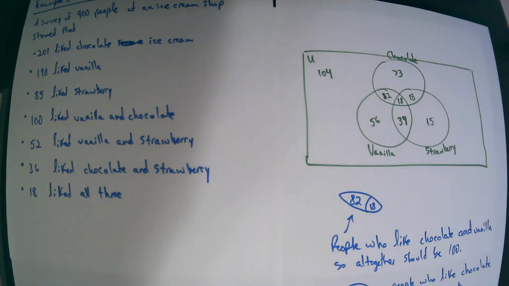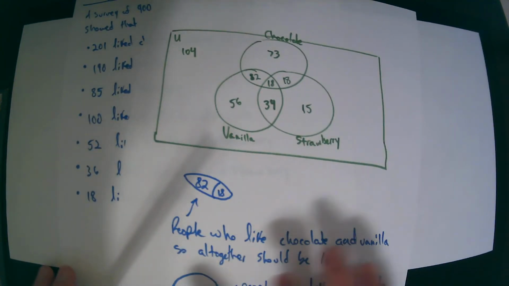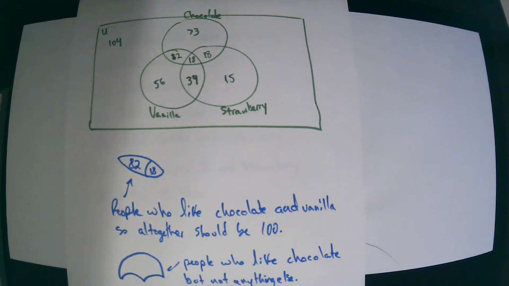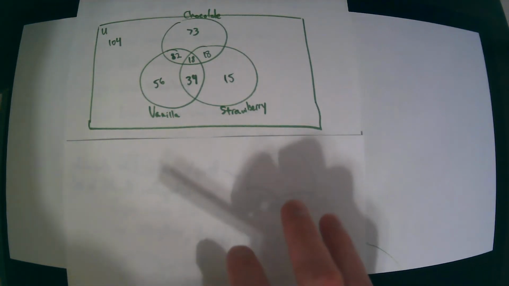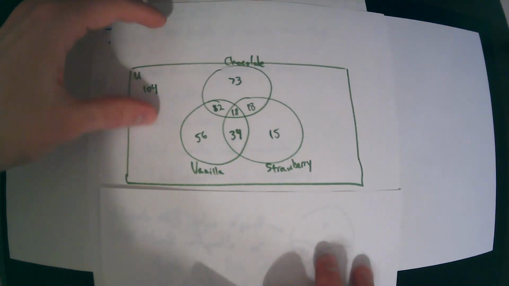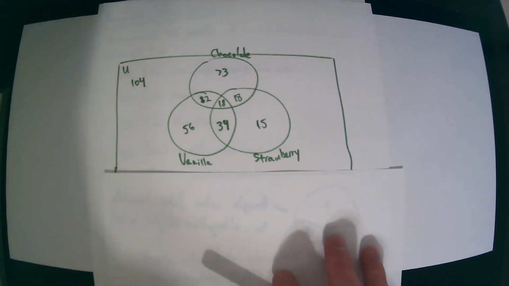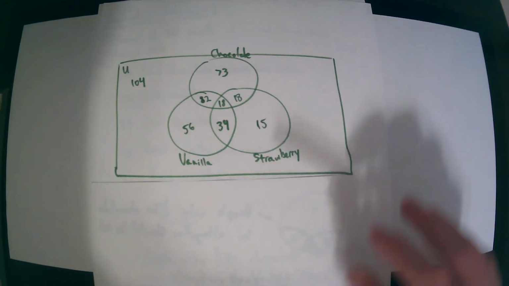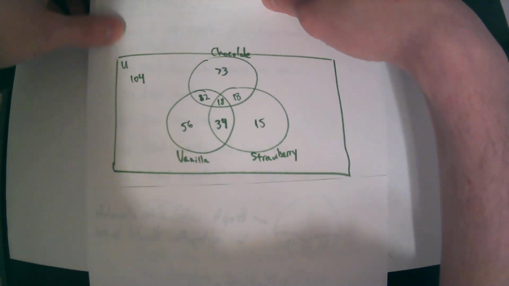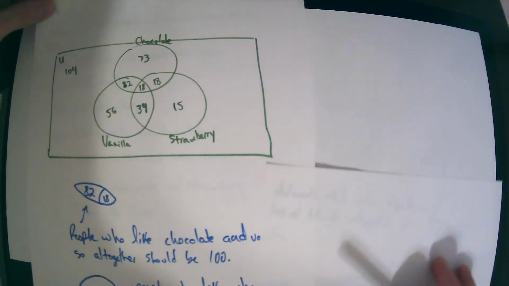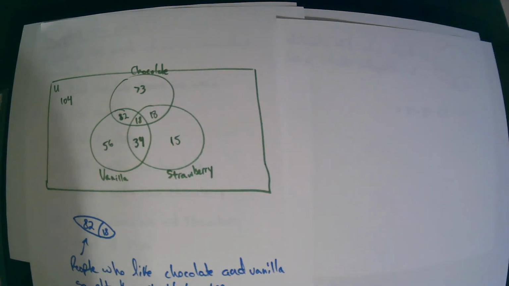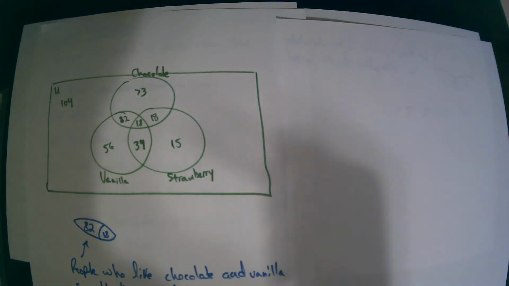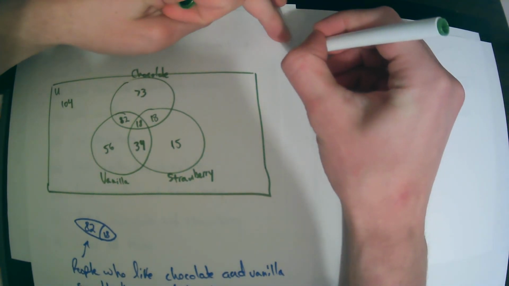Okay. Let me ask some questions about the Venn diagram now that we have it. Now that we have the Venn diagram in front of us, let's see, let me go up a little bit more. Or better yet, I'll put it over here. Alright, how about this?